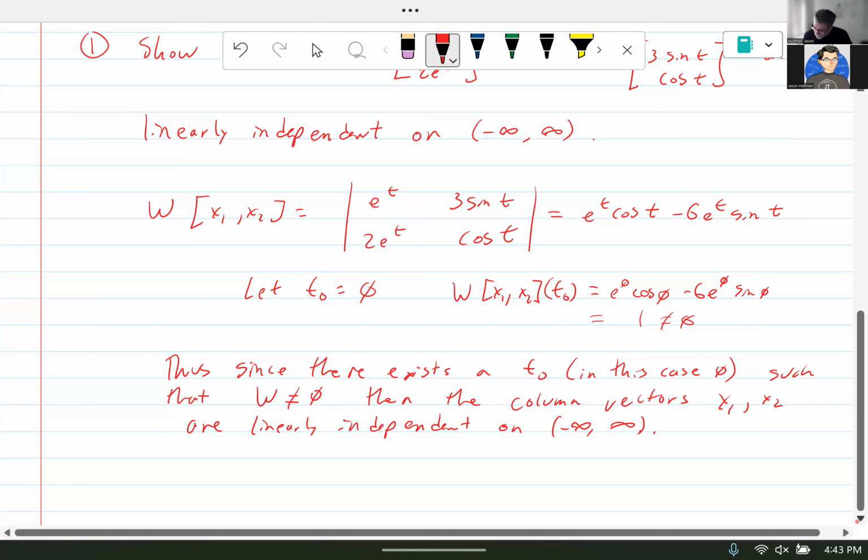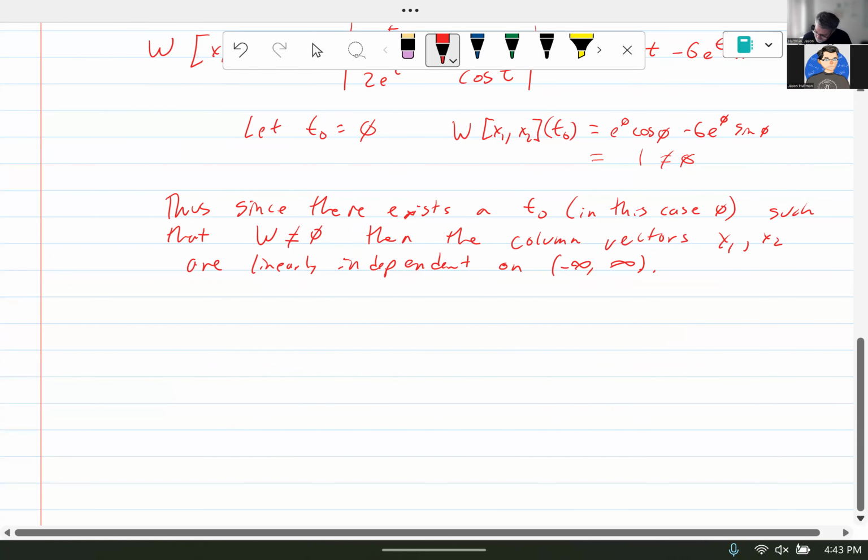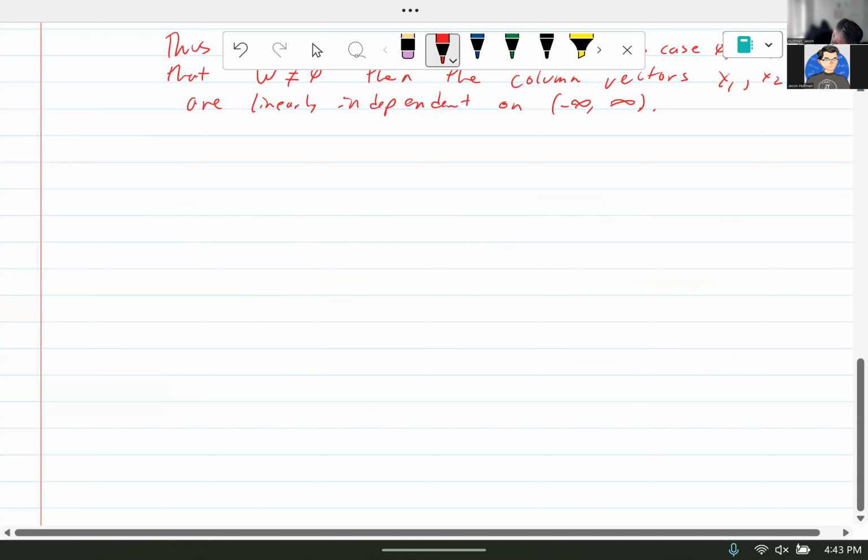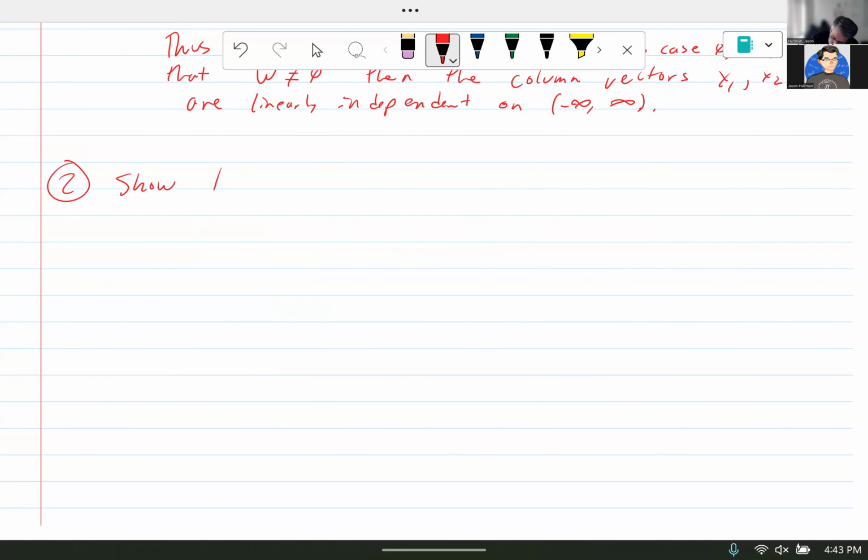Okay, let's do another example. Number 2. Show that x1 equaling e to the t, 2e to the t, and x2 equaling 4e to the t, 8e to the t.